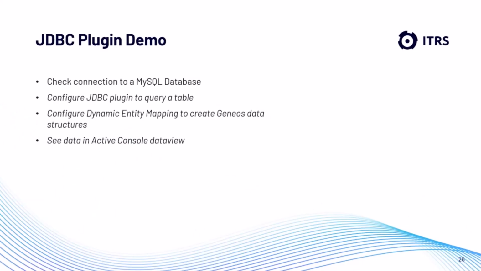So you'll see the data come into Active Console. So really, it's a fairly simple plugin. We connect to the database, set up the mapping, so we start seeing data in Active Console. Right, so let's switch to the demo now.